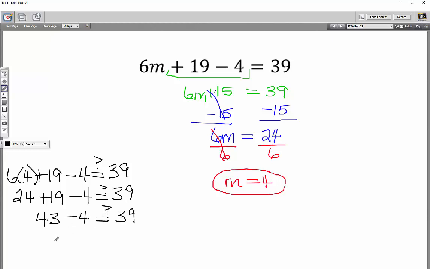And 43 minus 4, well, that's 39. And because 39 equals 39 is a true statement, we know that our answer that m equals 4 is correct.